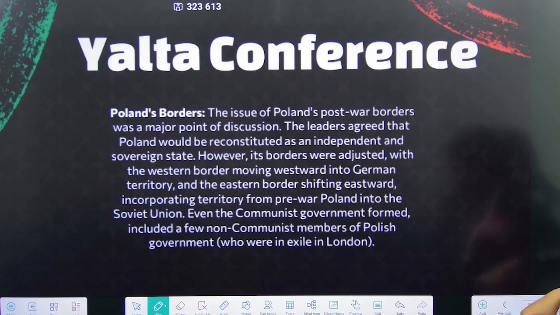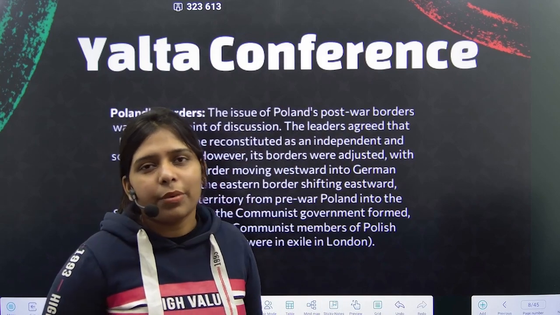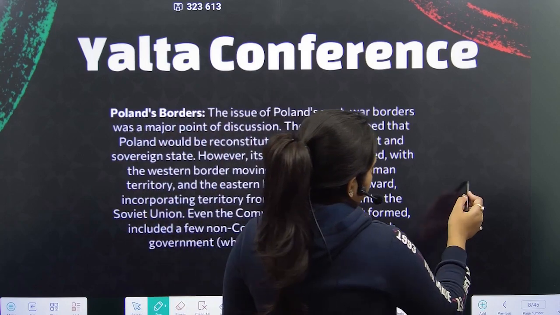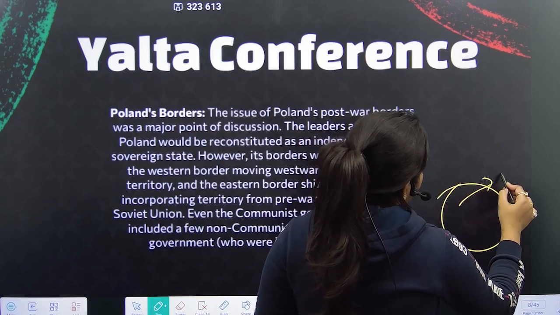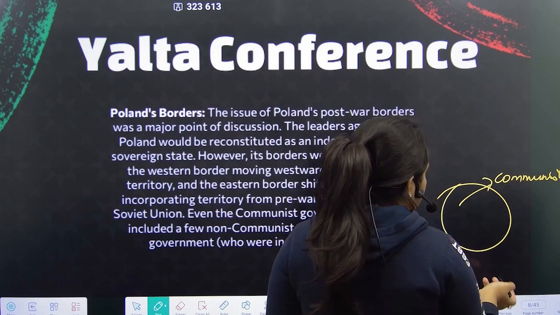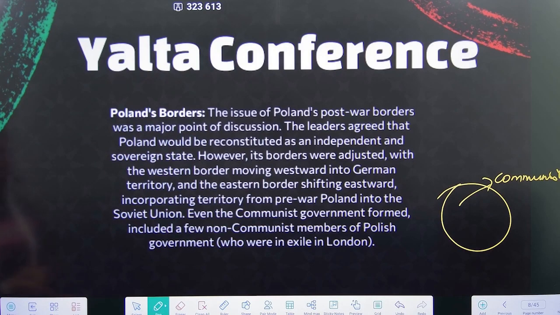Now see what happened is, though Poland was being formed, the Soviets were ruling over here, and why would they give it up? They had captured it. So the Soviets formed a communist government in Poland, but before the capturing of Germany, there were a few non-communist members who were a part of the Polish regime before Poland was captured.